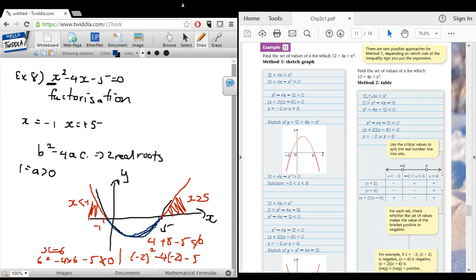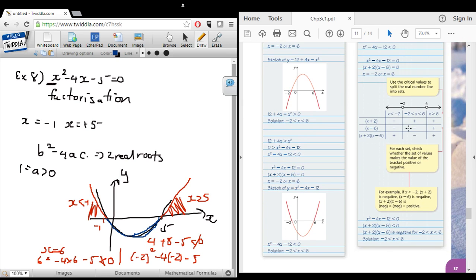So they've taken these terms to the other side, less than 0, factorized it, and then they've used this table here. So they've drawn up a table. I think this method is probably quite lengthy.